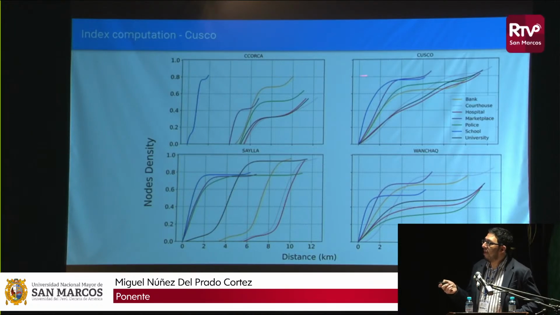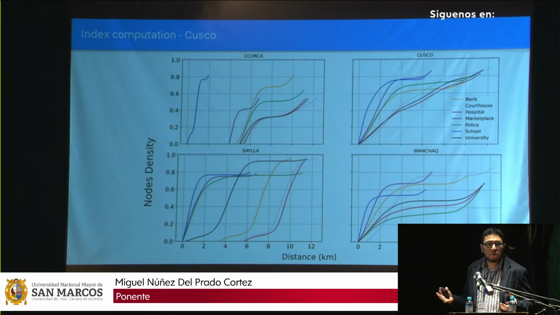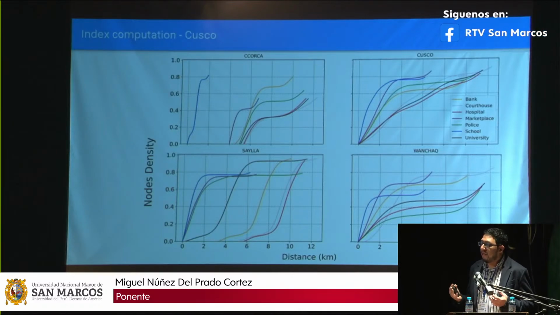For instance, for schools in this district in Cusco, people need to go like 2 kilometers just to cover 80% of the whole district with this service. So we can, in this way, measure how well these public services are distributed to citizens.